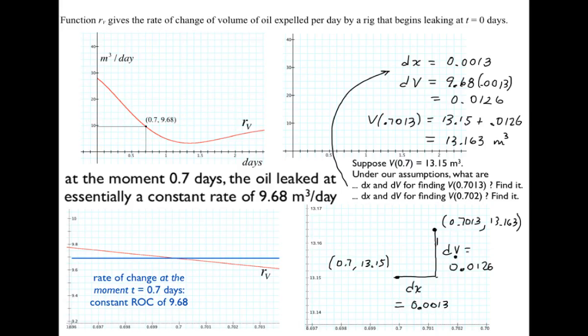The other one is going to send us what? What is dx? 0.002, and then the dv turns out to be 0.019. And so it's going to take us further out here, and then dv is larger, something like that.